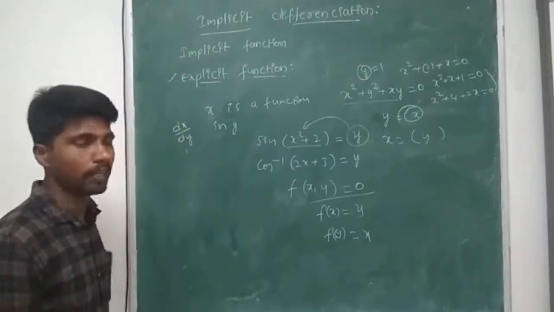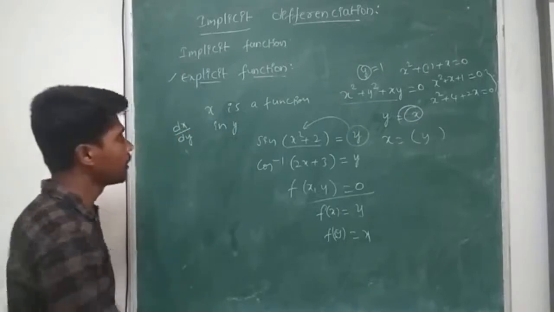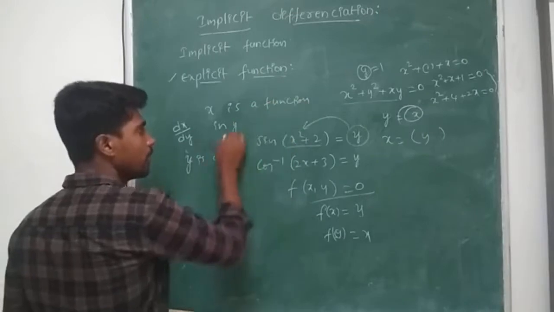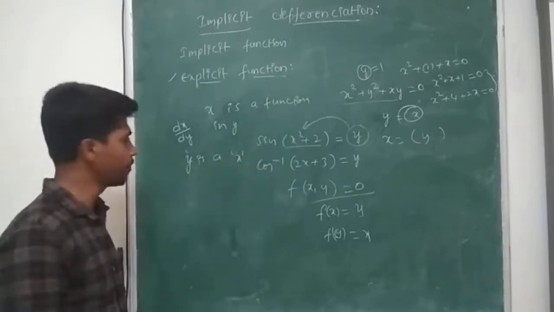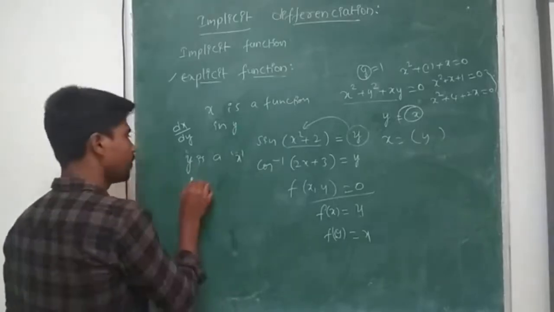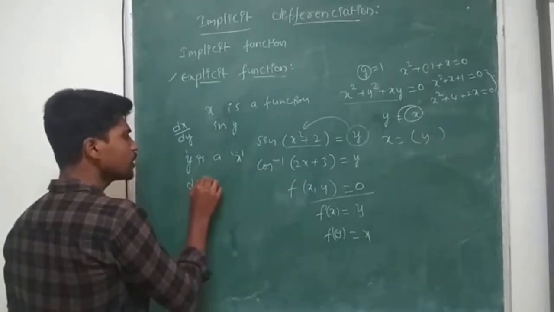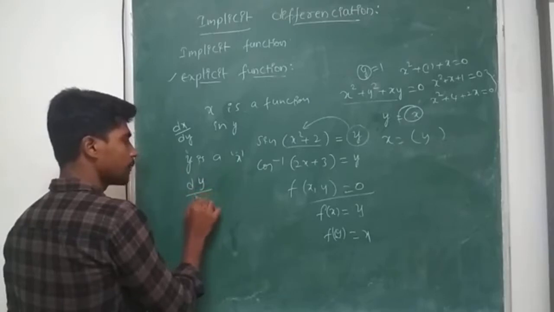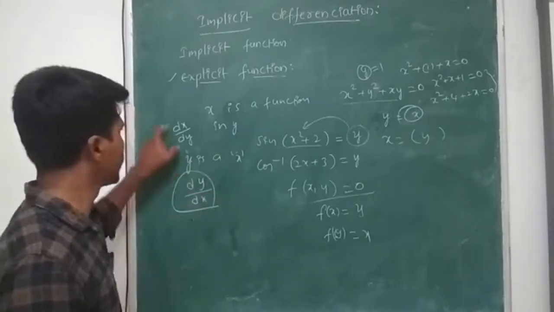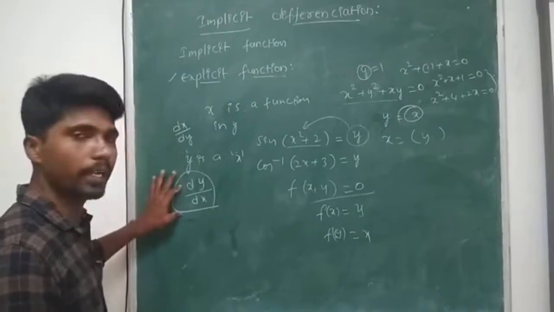Or if I feel, let y be a function in terms of x, then what we do? We find the differentiation of y with respect to x. So here two cases exist, dx by dy or dy by dx.